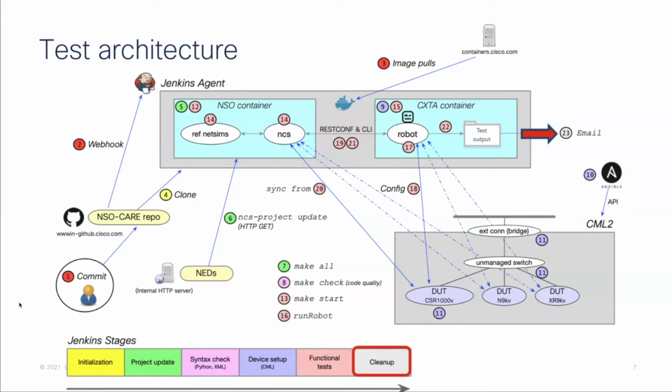And at the very end of this, depending on how we trigger the pipeline, we can get an email back saying this pipeline run worked or it failed for whatever reason. And that test output, along with the device configs and some other log files, are bundled together and made available as an artifact by Jenkins that we can go to the Jenkins web interface and just click and download, and we'll again see what that report looks like here in a second.